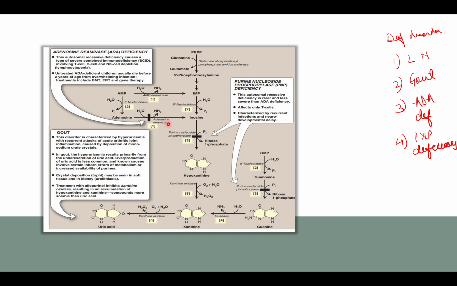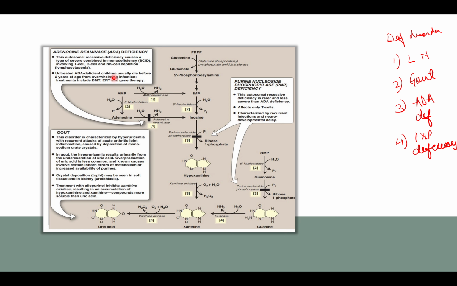So, what happens in adenosine deaminase deficiency? This is an autosomal recessive disorder, and it is also a type of SCID, that is severe combined immunodeficiency disorder, which involves T cell, B cell, and natural killer cell depletion.